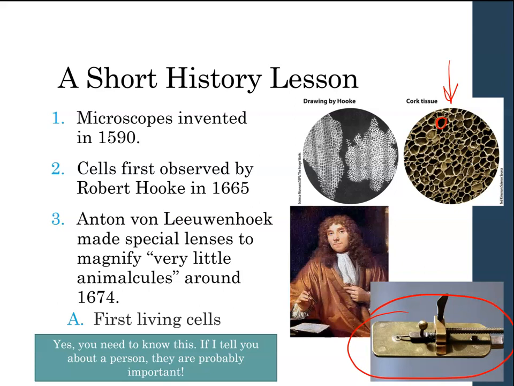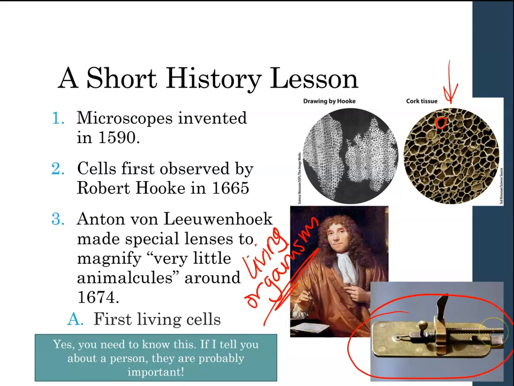Not long after that, Anton von Leeuwenhoek modified the magnifying glass and was actually able to, for the first time, see living organisms under a microscope. So this is Anton von Leeuwenhoek there.